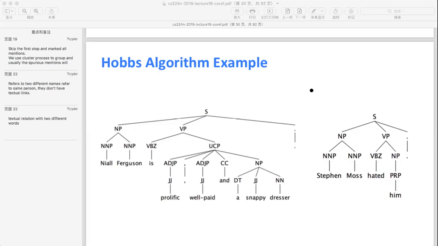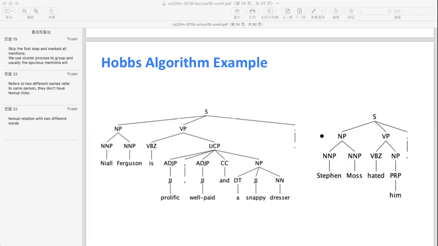We just identify this first. Identify what? The first one is the nouns, Stephen Moss, and this is the verb, hate, and this is the pronoun of this sentence. After this, we identify everything. So we go upward from "him" to this sentence, right?